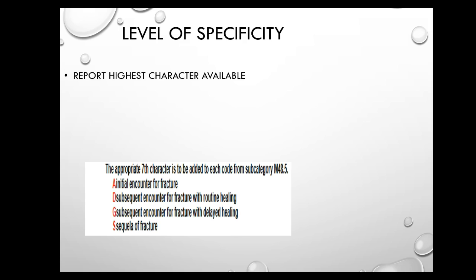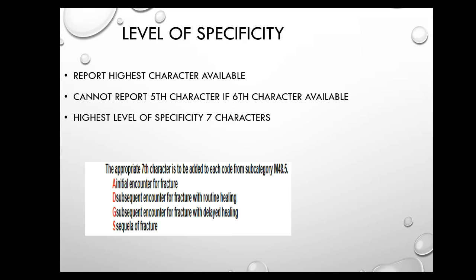So we have to continue to search down the page until we find a code with the highest character available. We cannot report a 5th character if the 6th character is available. The highest level of specificity in ICD-10 requires 7 characters for some code assignments.